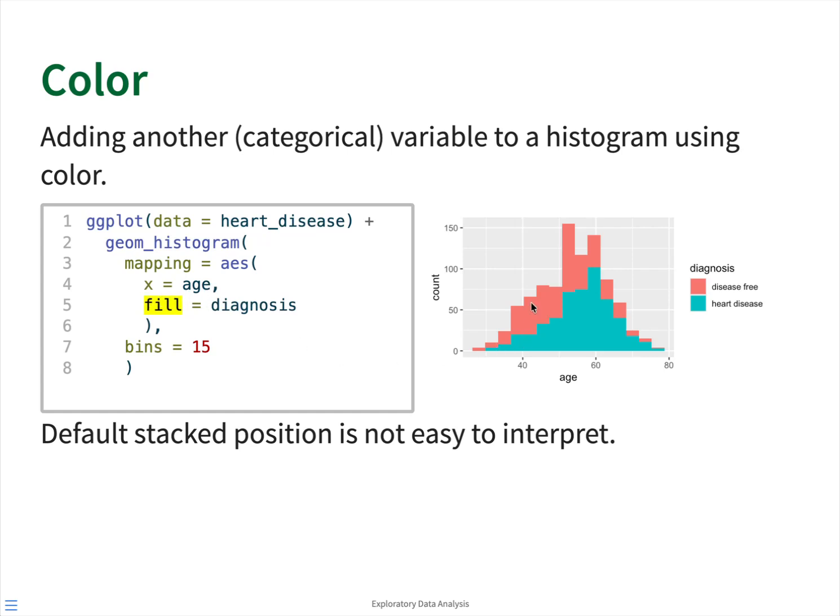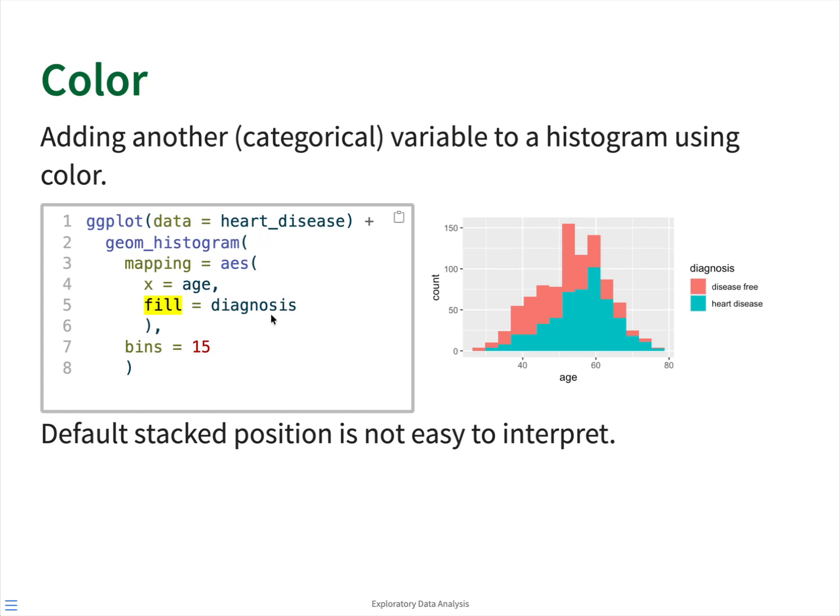Fill means that it fills the inside of each bin with that color for each category of the variable. Well, there are two categories of diagnosis, either disease-free or heart disease. And the result is that the histogram is split into two different colors, blue representing the counts of patients with heart disease and red representing the counts without heart disease.